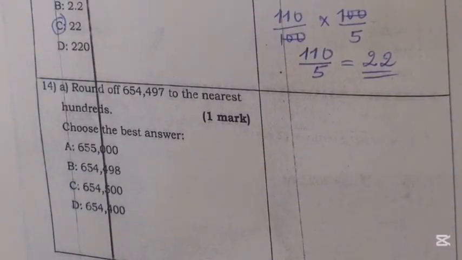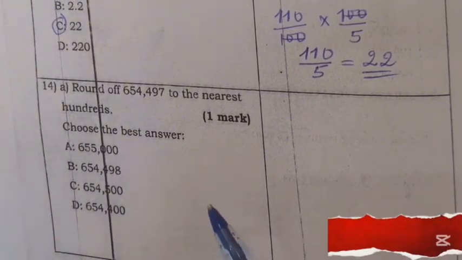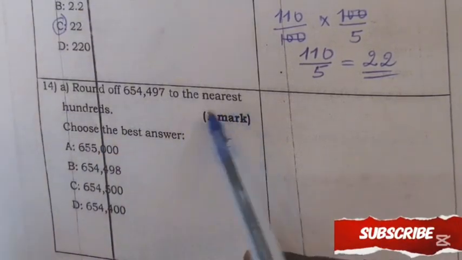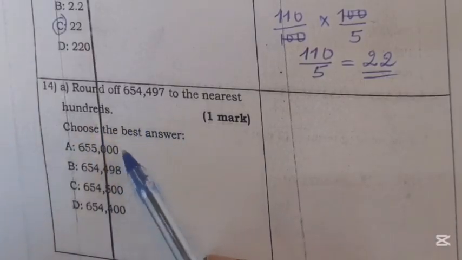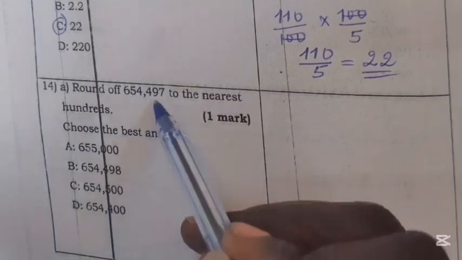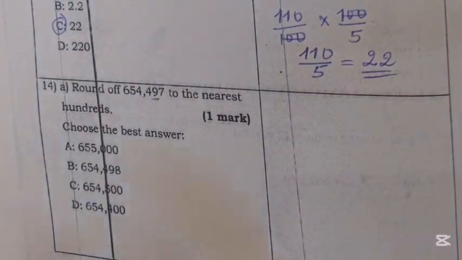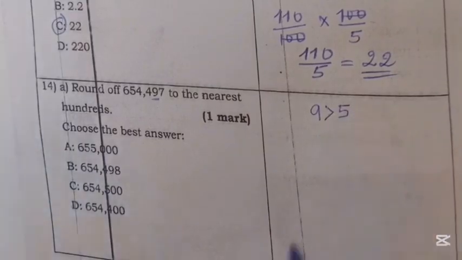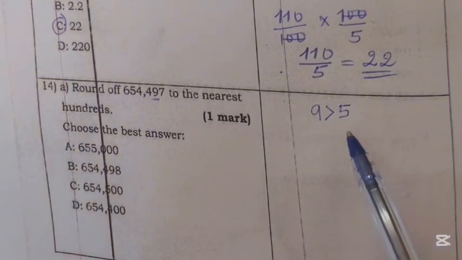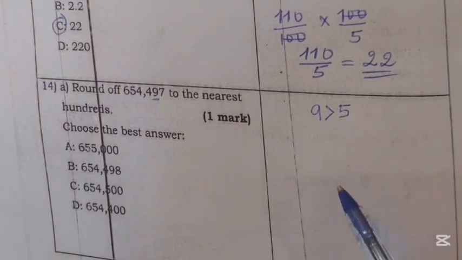Question 14 has been asked: round off 654,497 to the nearest hundreds. If we are asked to find the nearest hundred, we have to look at the tens digit. The tens digit is this 9. We know that this 9 is greater than 5, so we will round up.